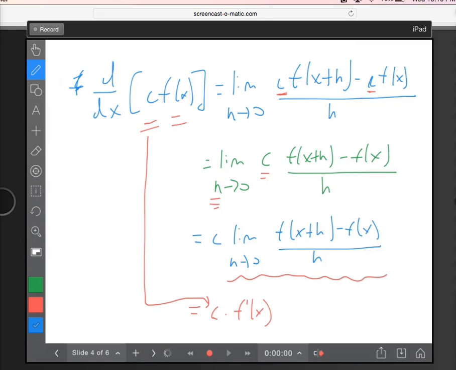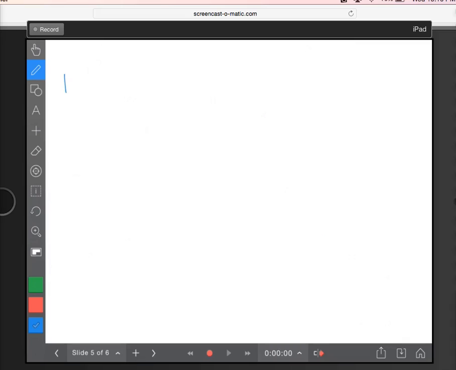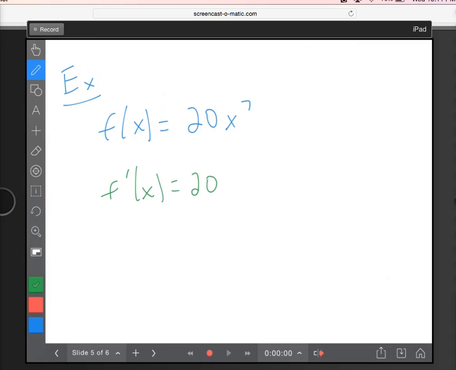So an example, perhaps, to see this in use: if we have the function f of x is equal to 20 times x to the 7th power, well, the derivative should just be, I'll carry that constant of 20 through to the derivative, and then multiply that by the derivative of x to the 7th using our power rule.